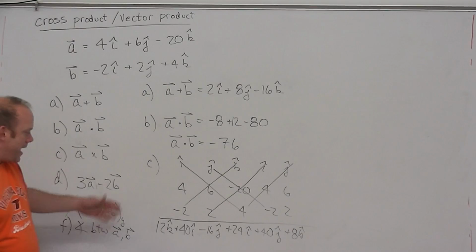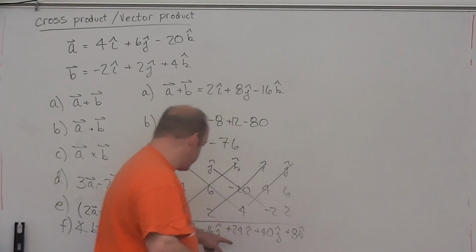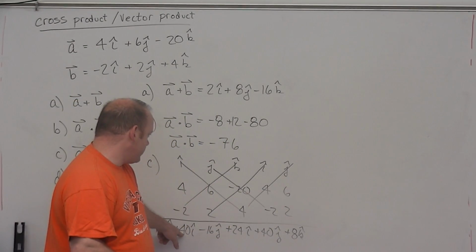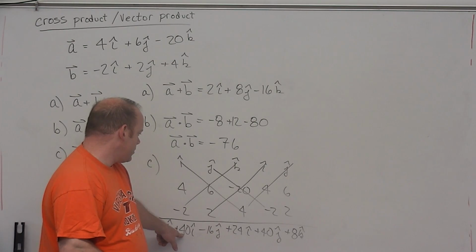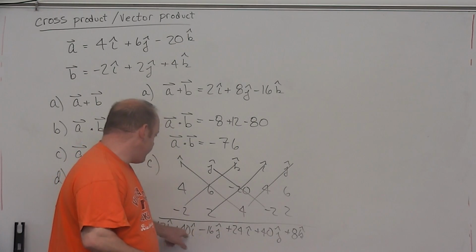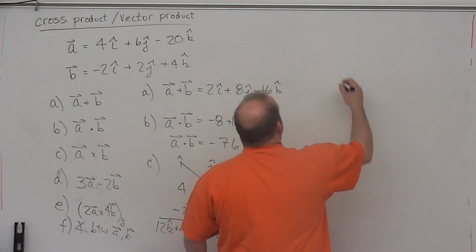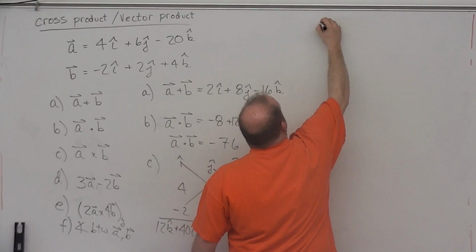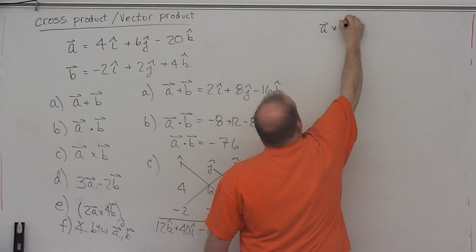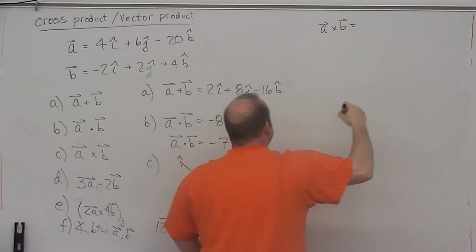So now, I add these together. 24i and 40i, that's 64i hat. So A cross B is equal to 64i hat.